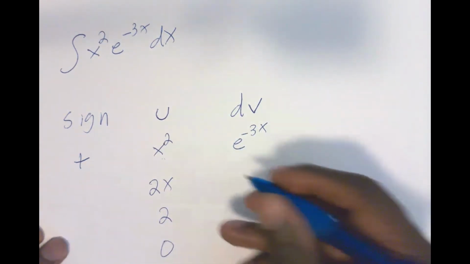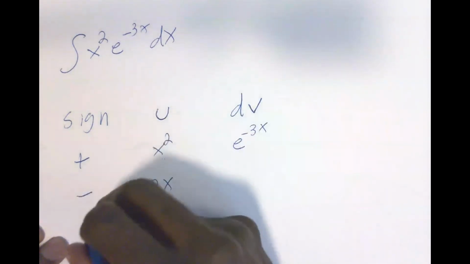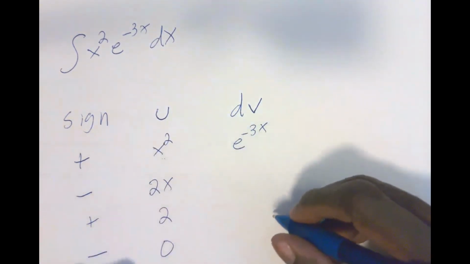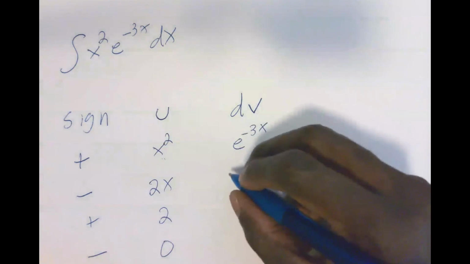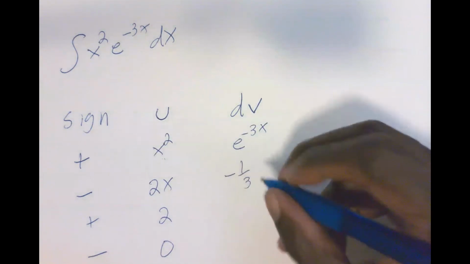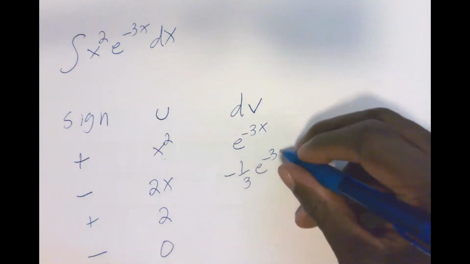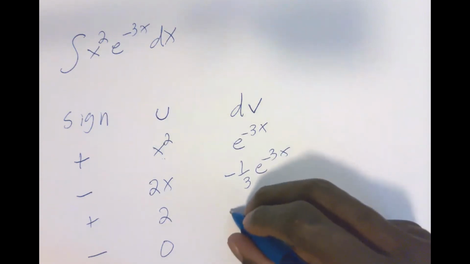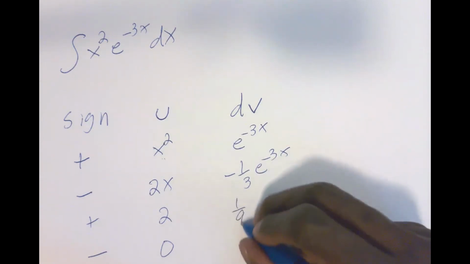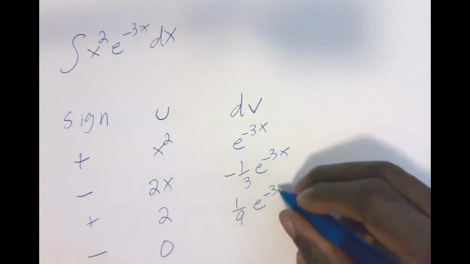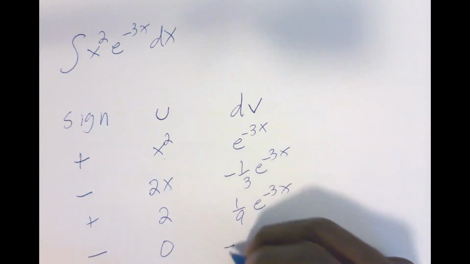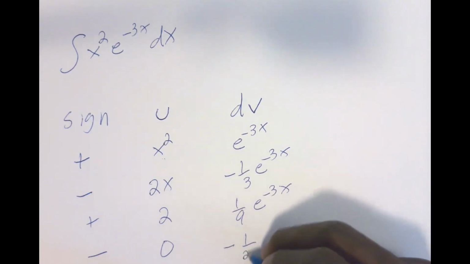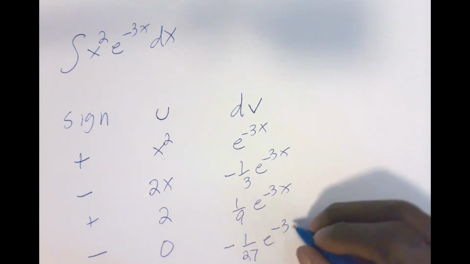There I can stop, and I'm going to alternate these: minus, plus, minus. Now I'm going to integrate: negative 1/3 e to the negative 3x, positive 1/9 e to the negative 3x, negative 1/27 e to the negative 3x.